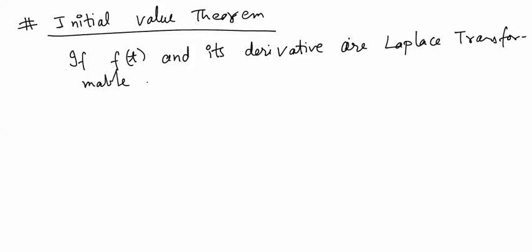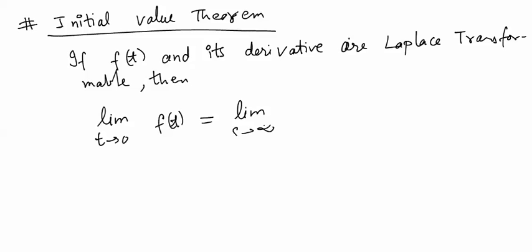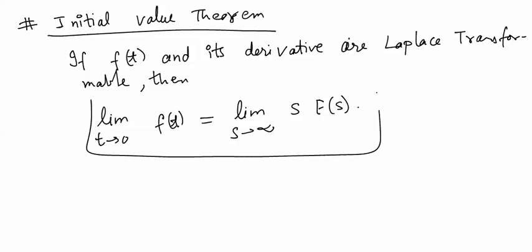There are certain functions whose Laplace is not possible, so that is why this condition is mentioned. Then limit t tends to 0 of f(t) will be equal to the limit, converting to the s domain, s tends to infinity of s times F(s). This is called the initial value theorem. This is very important, right?